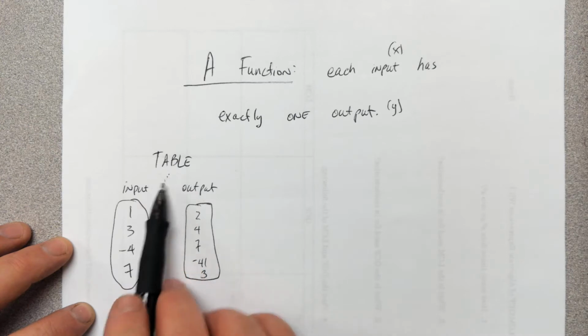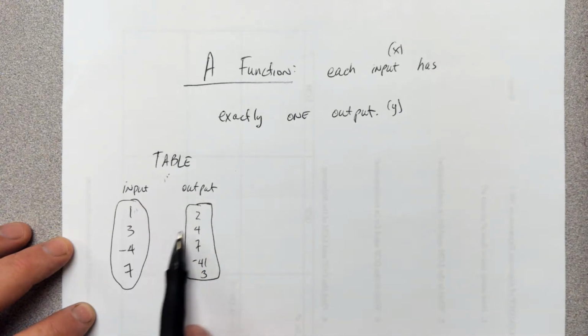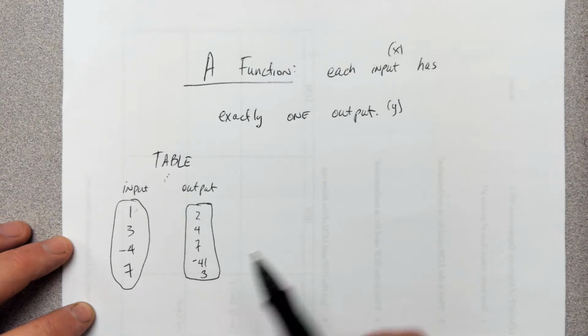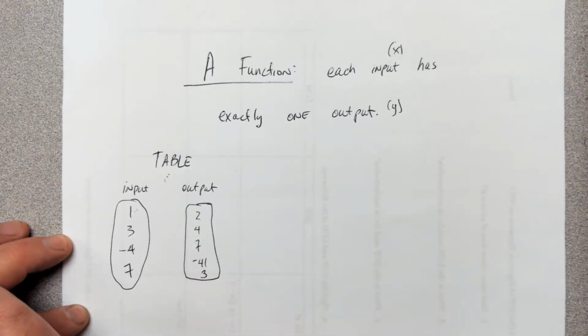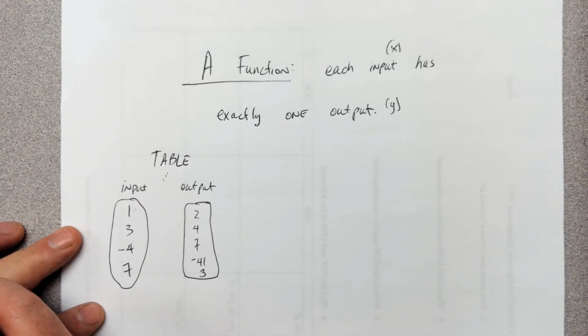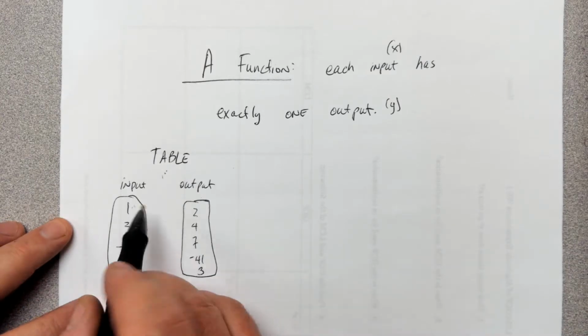If this was a function, each of these numbers would go to only one of these. So each input has one output. For example, should I give you a good example or something that's not an example? I think a good example. A good example first? Okay.